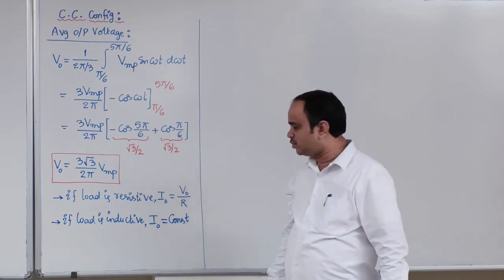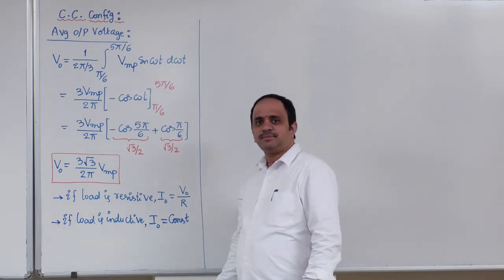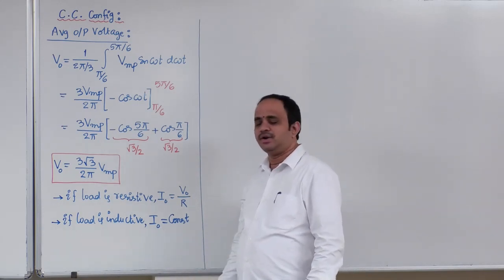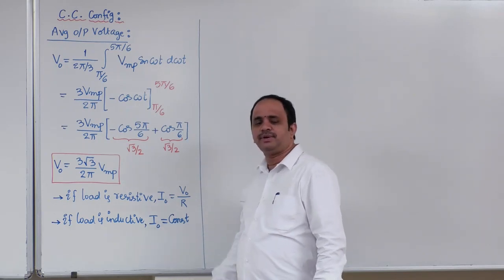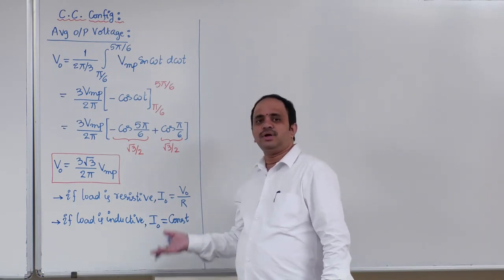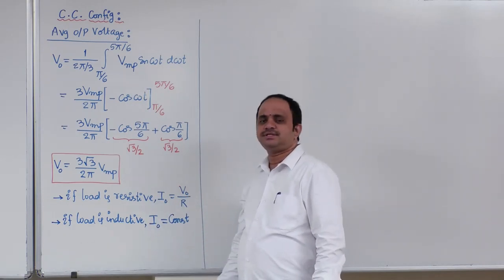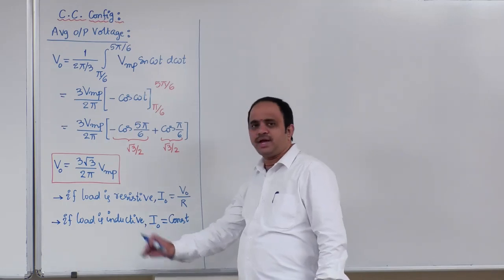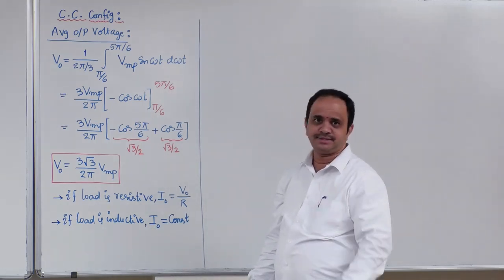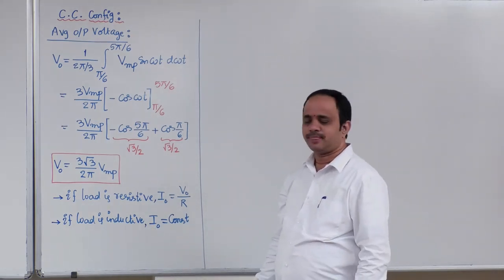Suppose the load is mentioned as RL load, you can take I naught is equal to V naught by R. For RLE load, V naught minus E divided by R. Most of the cases, for constant current load, the I naught value will be given in the data itself. No need to worry about it.